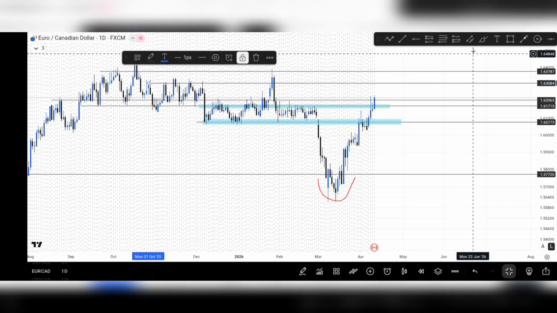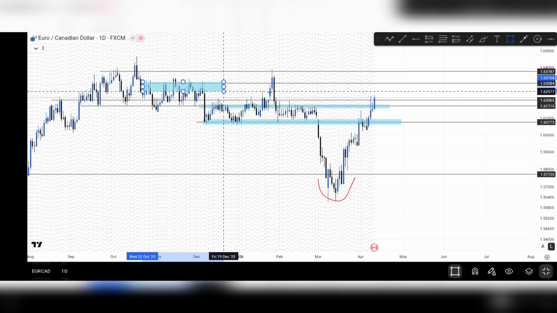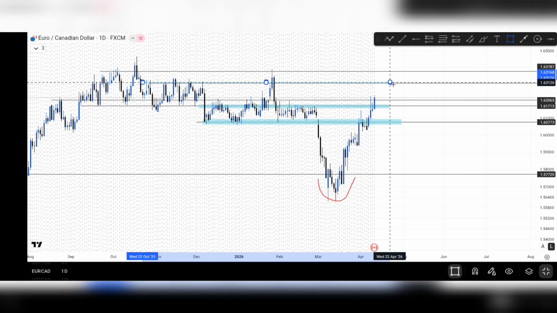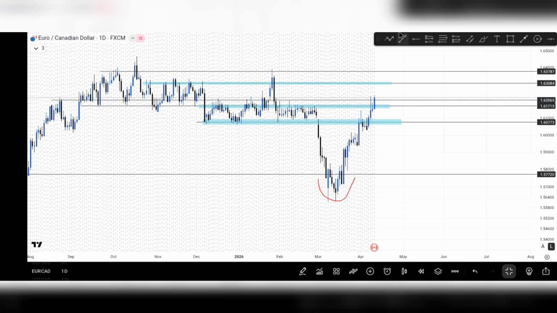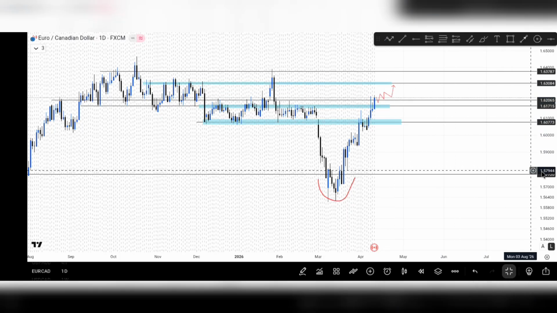Let's also mark out that level in case, because that's a strong level for the market to react off. So what I'm expecting is for the market to just retrace down and still continue to the upside. So guys, that's what I'm expecting on Euro card.